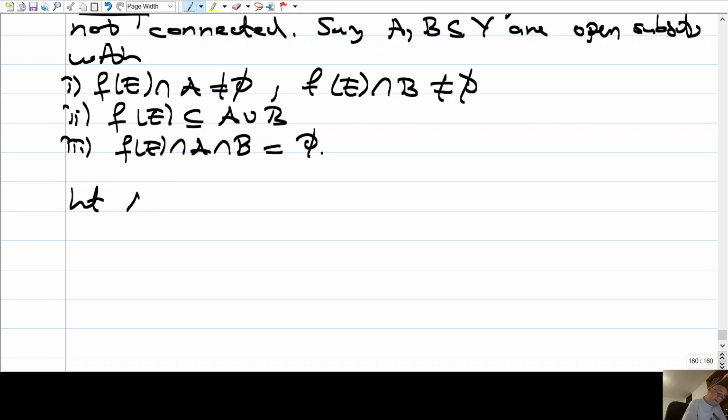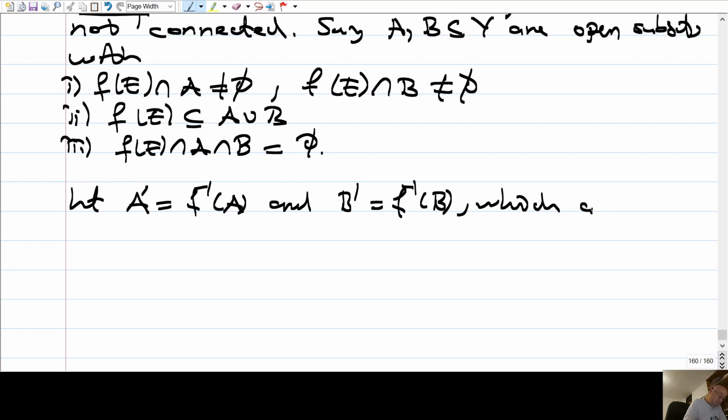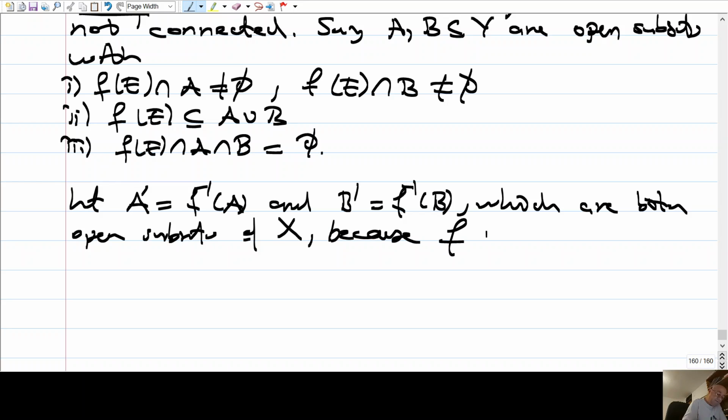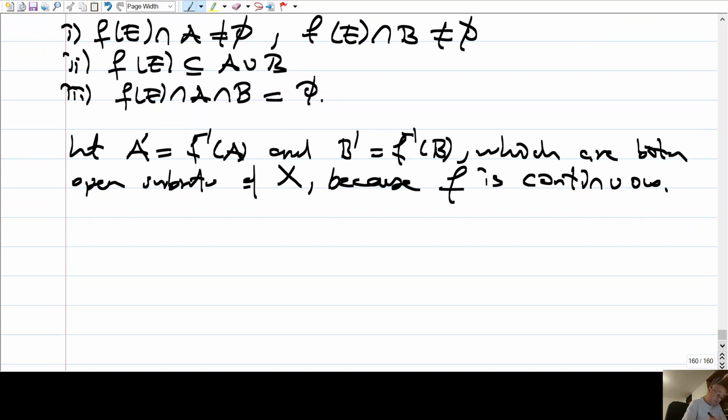Let A prime be the inverse image of A and B prime the inverse image of B, which are both open subsets of X because f is continuous. But then we have what?